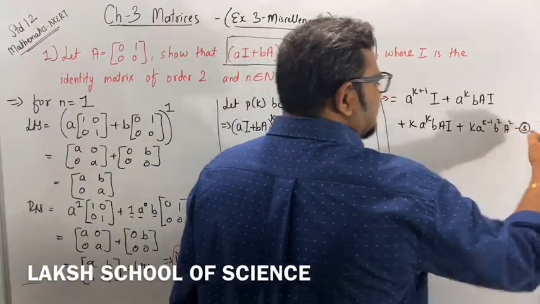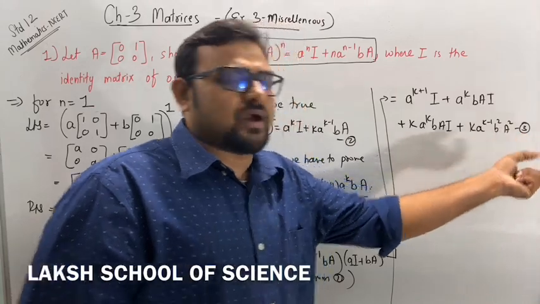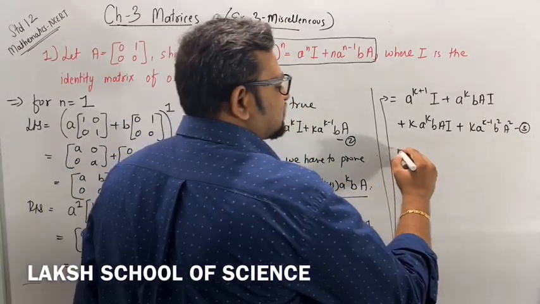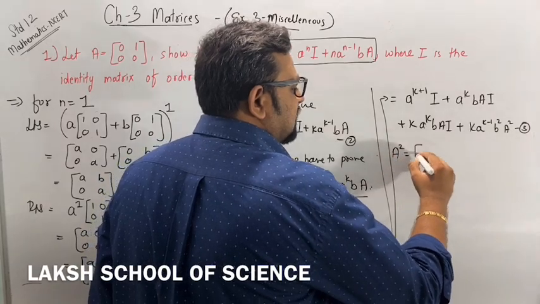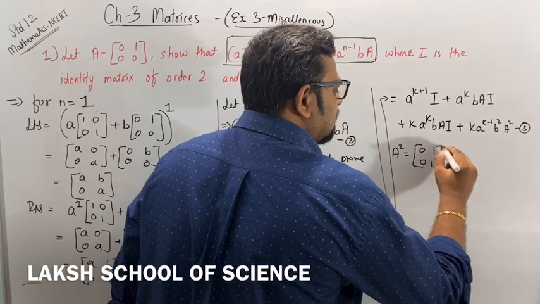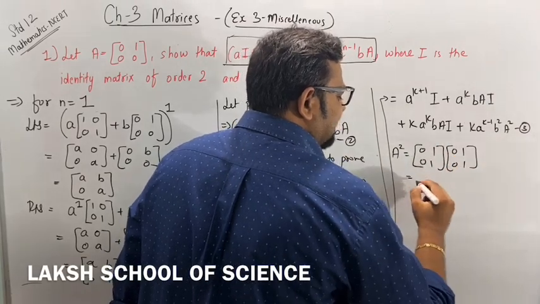So LHS is equal to 3 because I need to find out A square. Clear? This is A. So let's find out A square first. So what is A square? 0, 1, 0, 1. 0, 1, 0, 1. So what I will get?